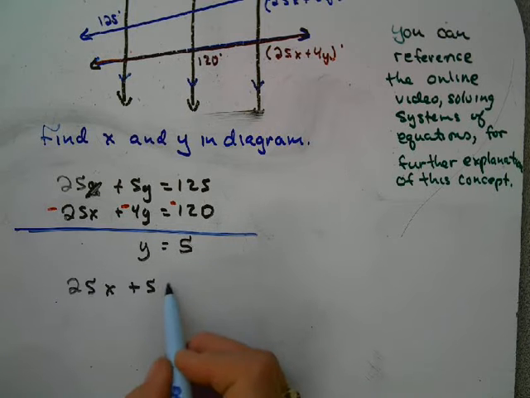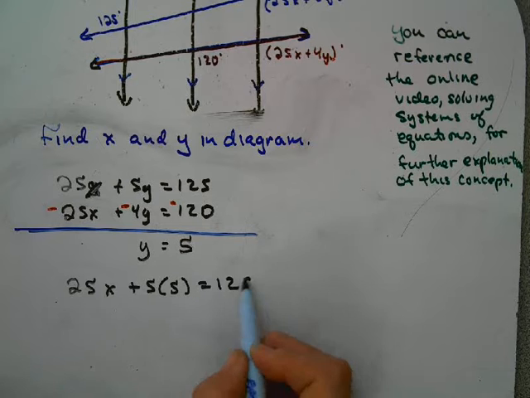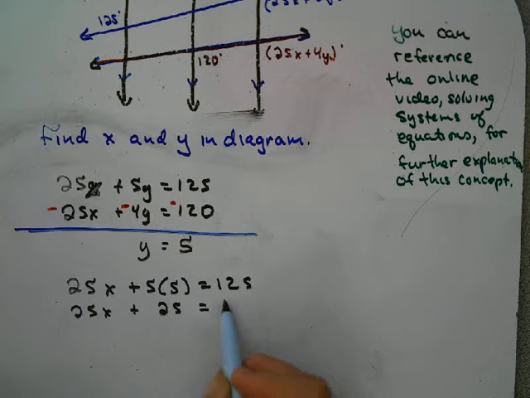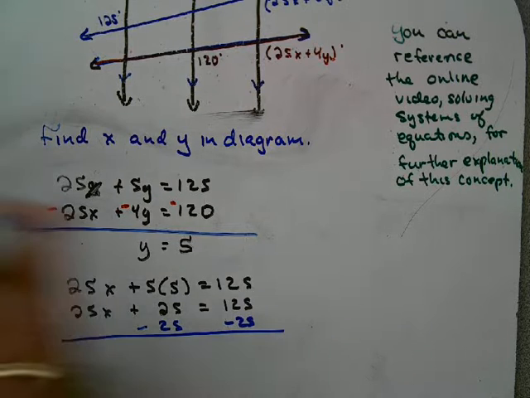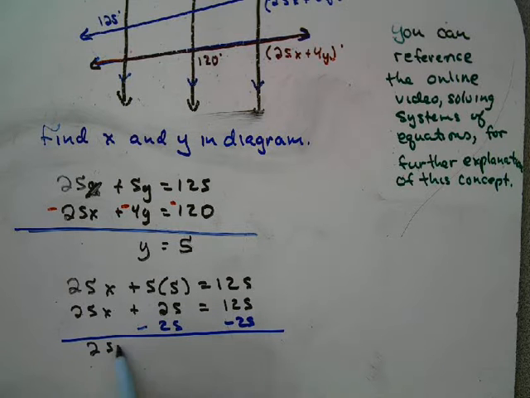Now, I'll take away 25 from both sides of the equal sign and get 25x equals 100. And divide by 25 to get x alone. And x will equal 4. So I found an x and a y that works, I think.